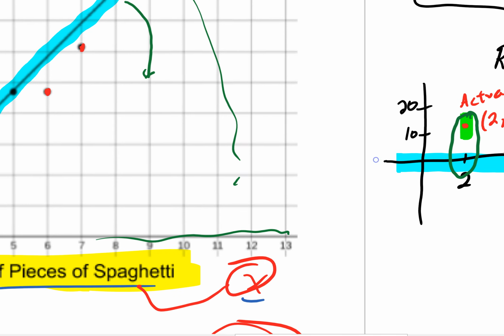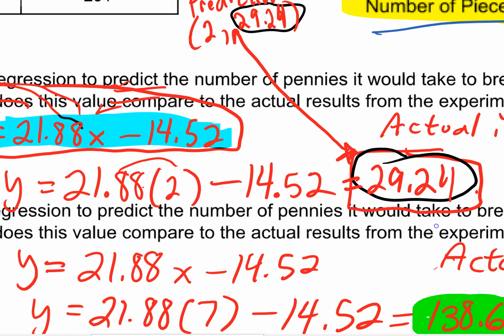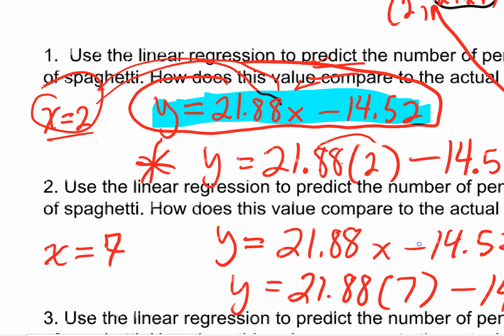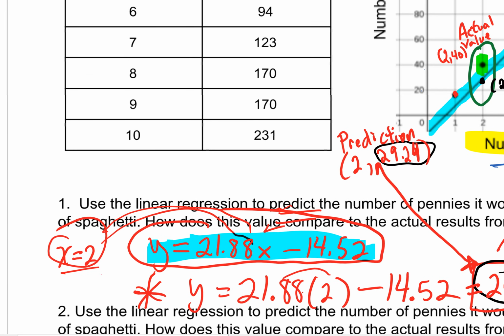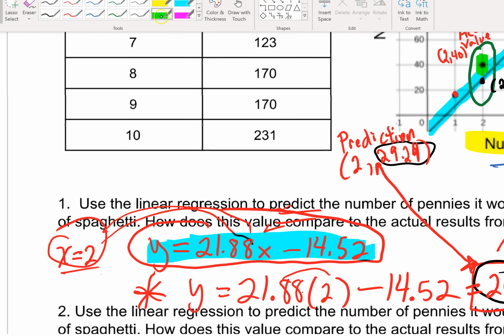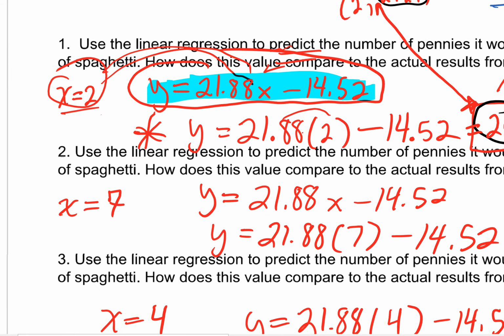So look, you could also have, for say number 2, when we looked at number 2 here, it said x equals 7. At 7, we have an actual data point of 123. 123 pennies are needed to break 7 strands of spaghetti is what that's saying.